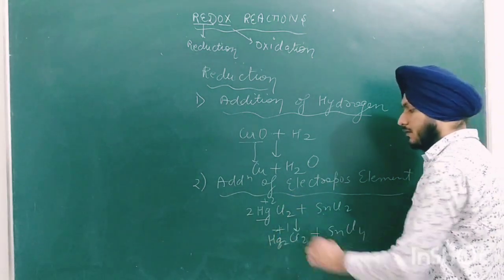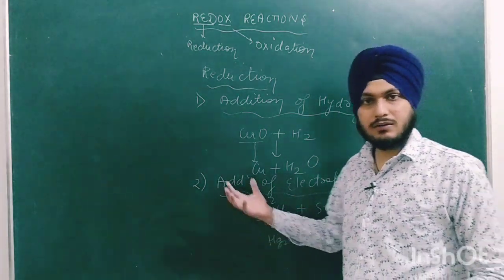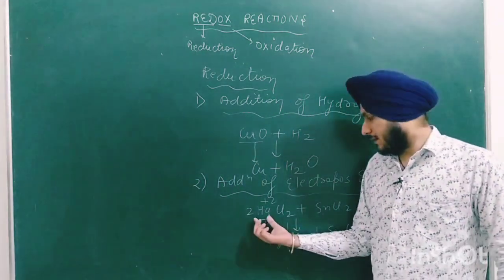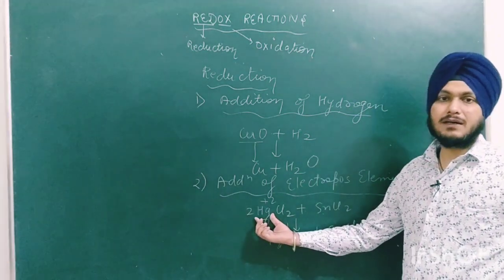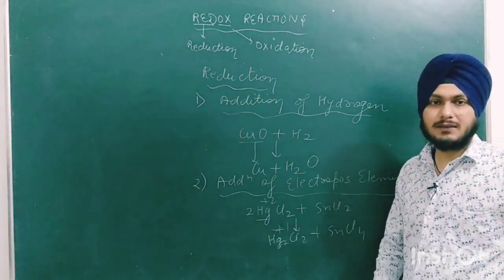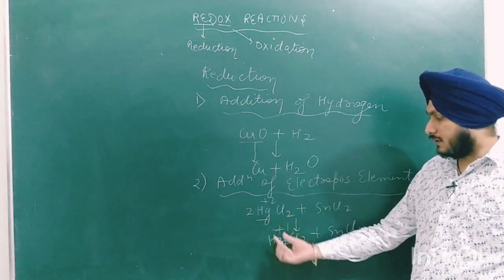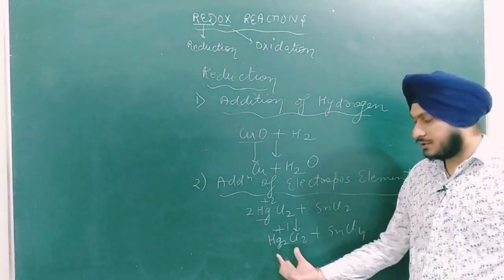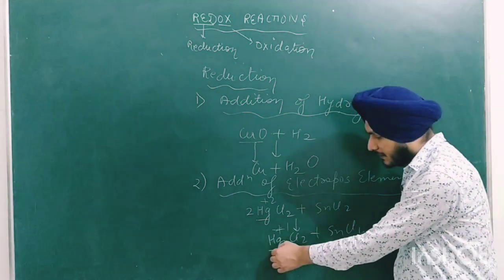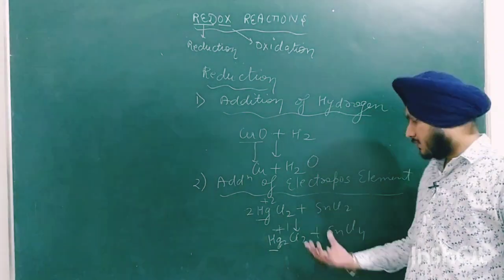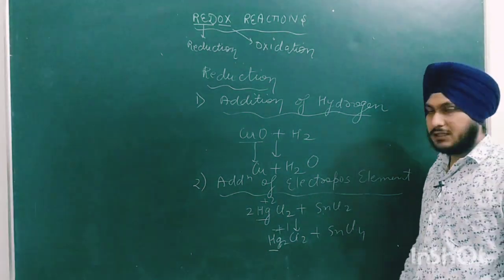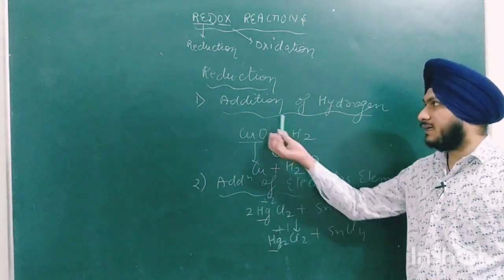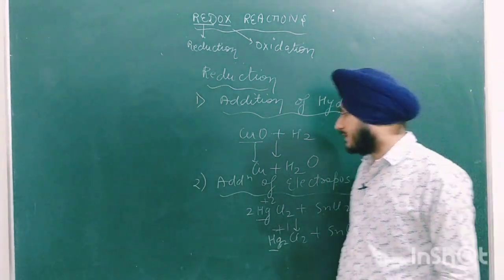Don't worry, we will discuss how to calculate the oxidation number or oxidation state in the next classes. HgCl2 gets converted into Hg2Cl2, so addition of Hg takes place. Hg is an electropositive element, so this reaction is addition of an electropositive element, and it is taken to be reduction.